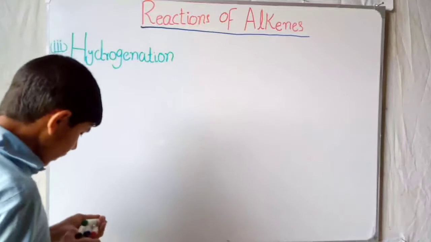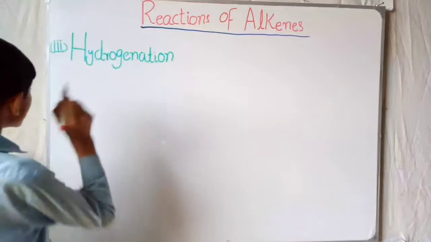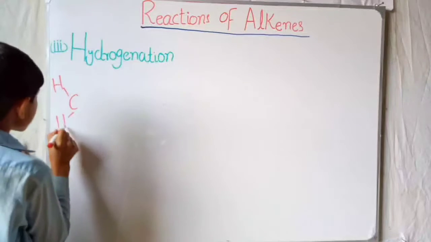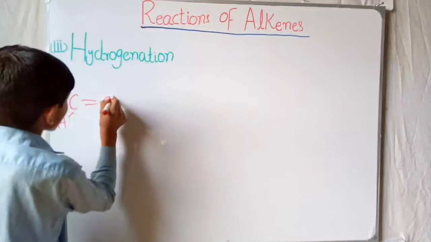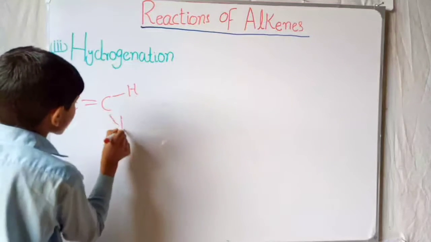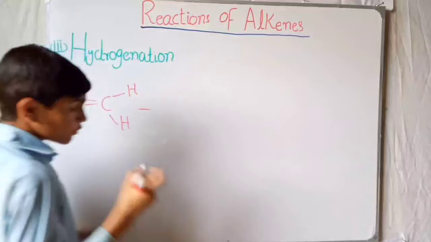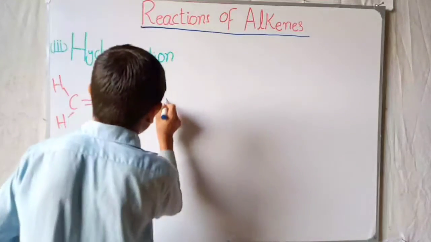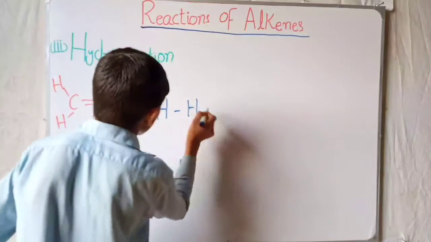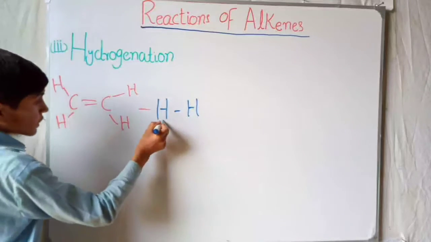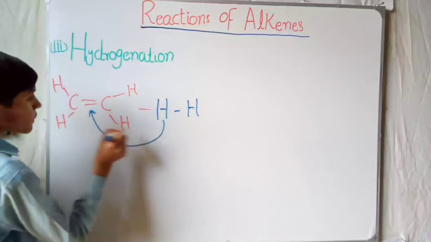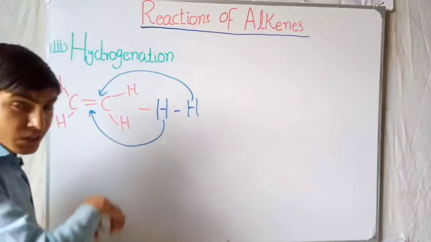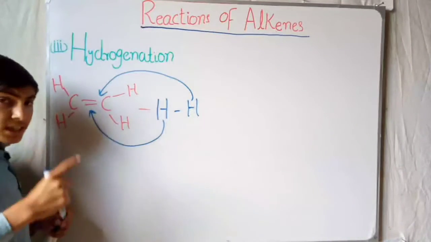If we take ethene and add H2, one hydrogen here and one here, this one reacts there and this reacts there, and the double bond is converted into a single bond.